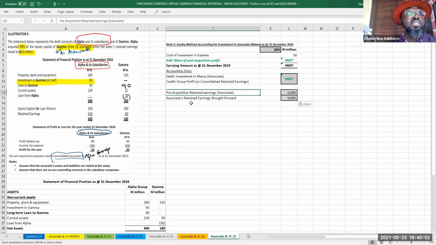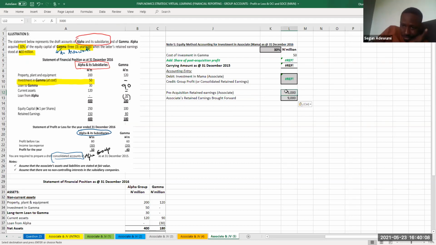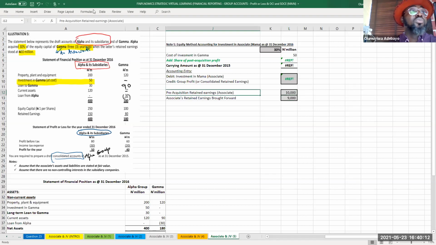Okay, what is the pre-acquisition retained profit in the associate? When we bought the associate 3 years ago, it was 10 million. 10 million now. Okay, 10 million. Every figure is in thousands. Remember?